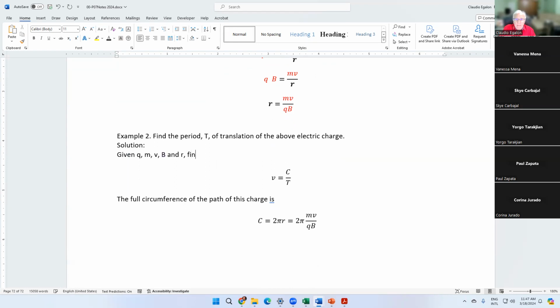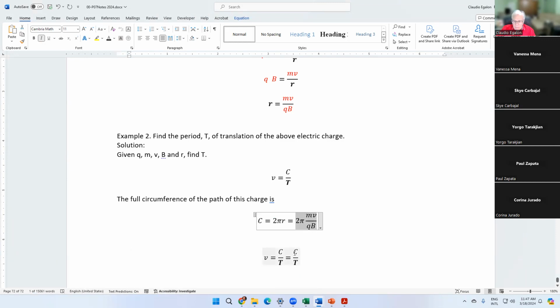Find T, the period of revolution of the particle. And now all I have to do is substitute C there at the top. Don't forget, I'm going to emphasize that we're trying to find T.